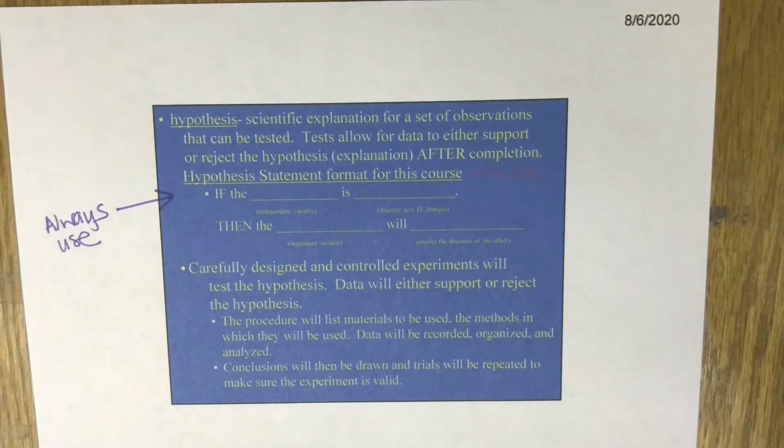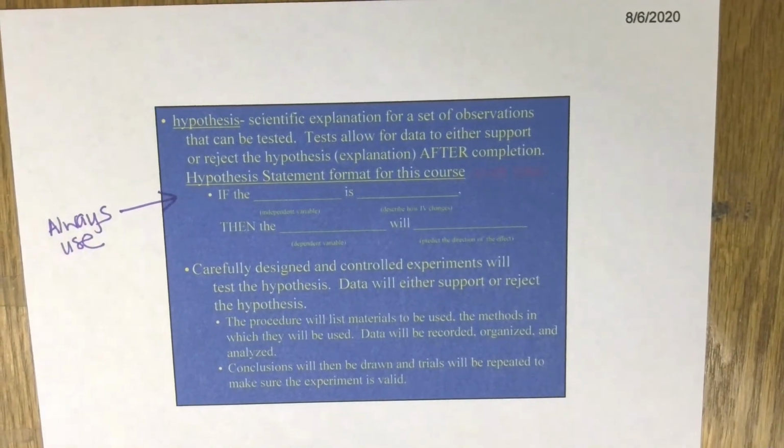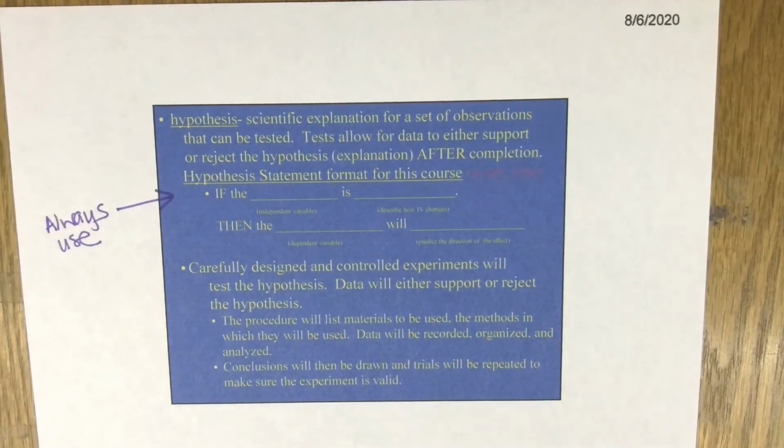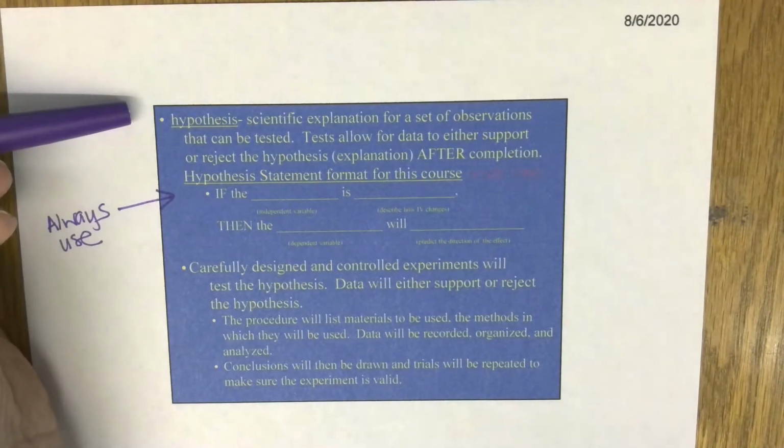hypothesis. So we're going to write hypotheses in the same format all the time in this class as well, that if-then statement that you can see there. So a hypothesis, by definition, is a scientific explanation for a set of observations that can be tested. It says tests allow for data to either support or reject the hypothesis after completion.